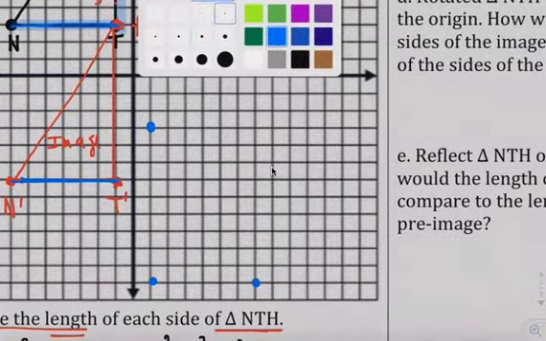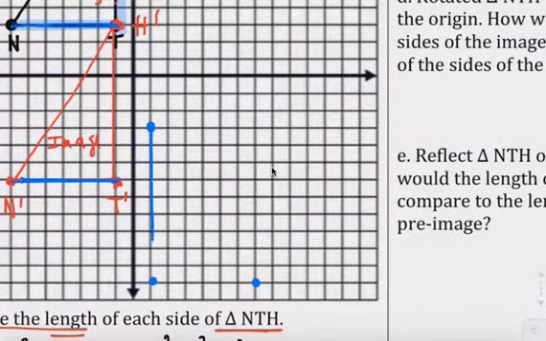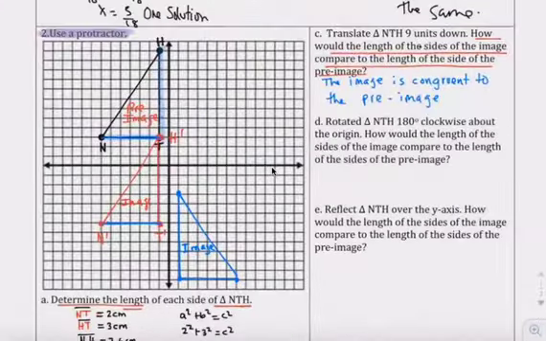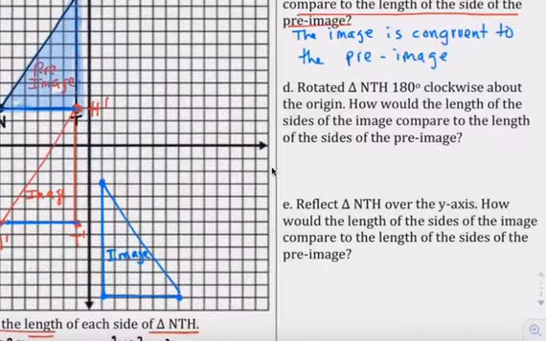What do we know? We'll label this image 2. This is an image of this one. With 180, remember the number stays the same.